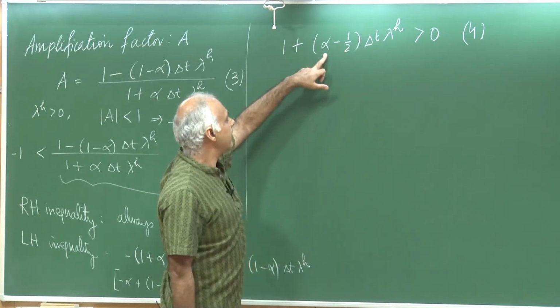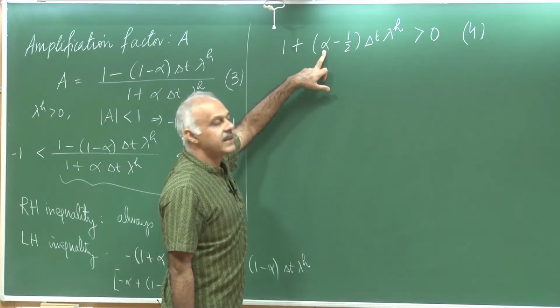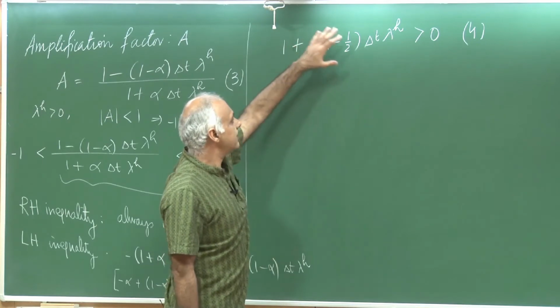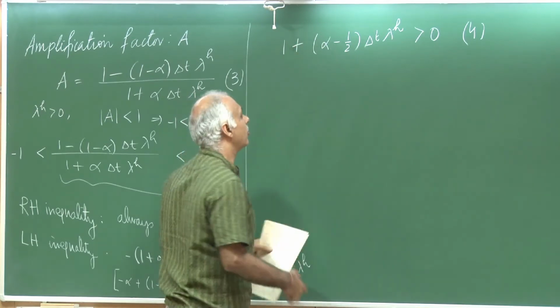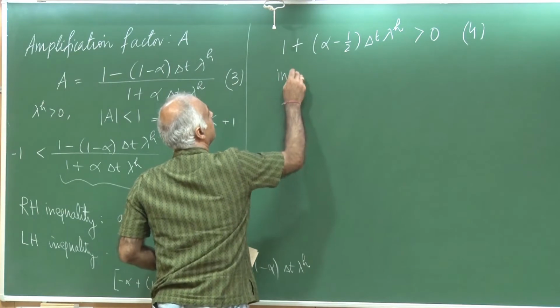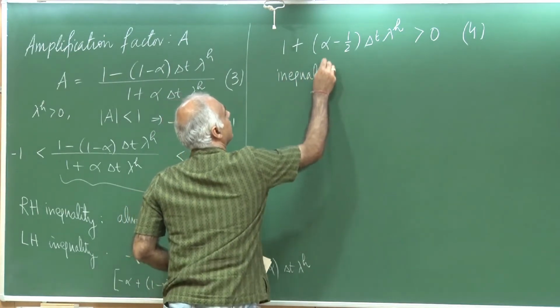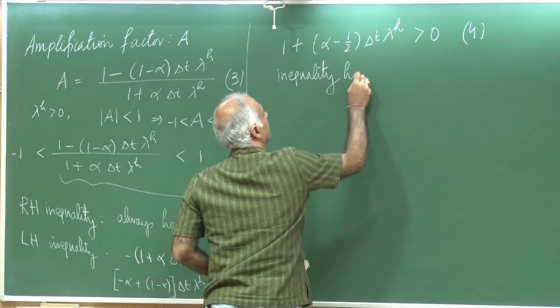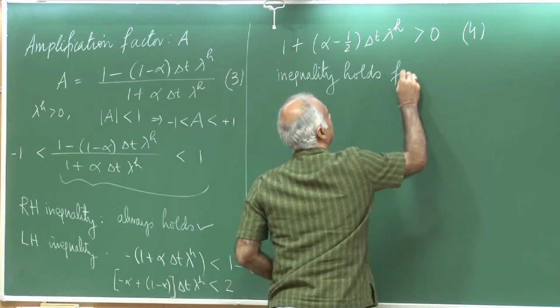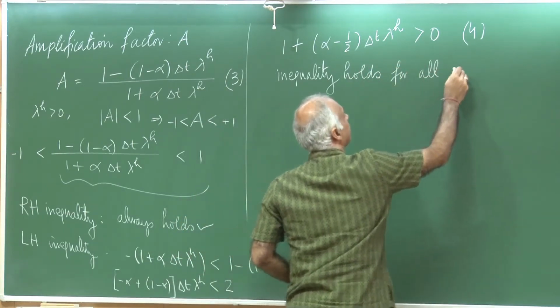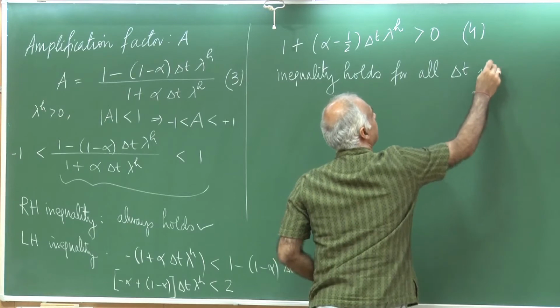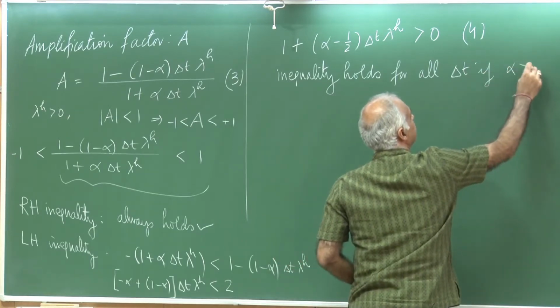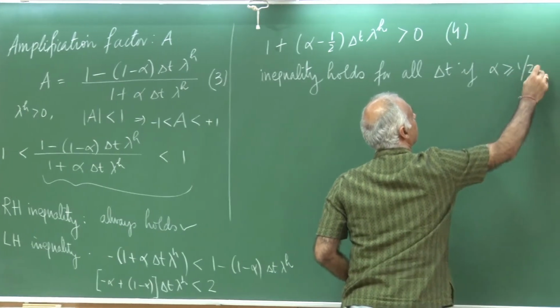If I have an alpha greater than half, then again this inequality holds. So, the inequality holds for all delta t if alpha is greater than or equal to half.